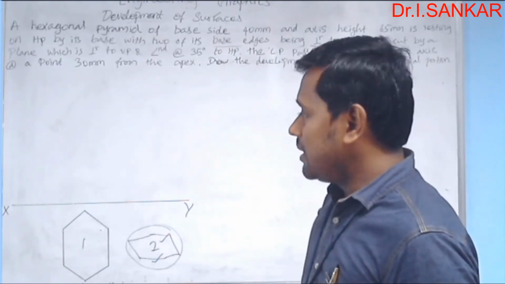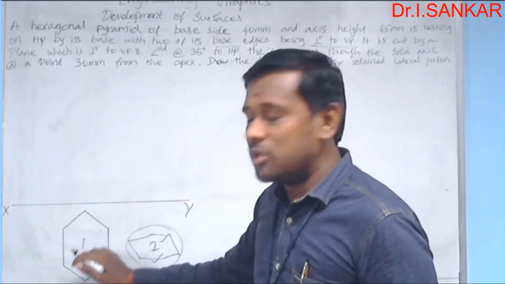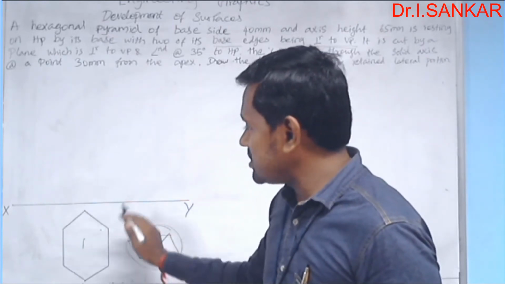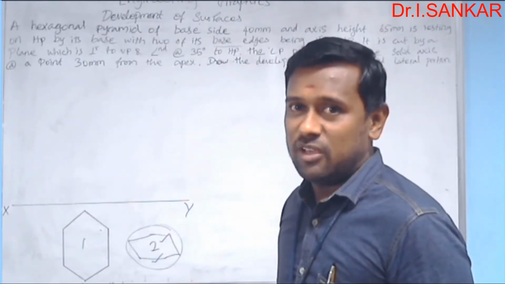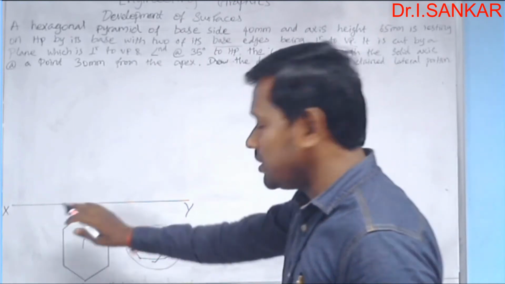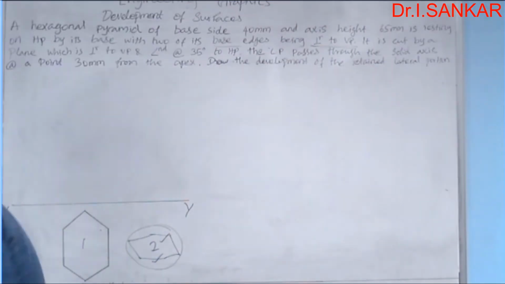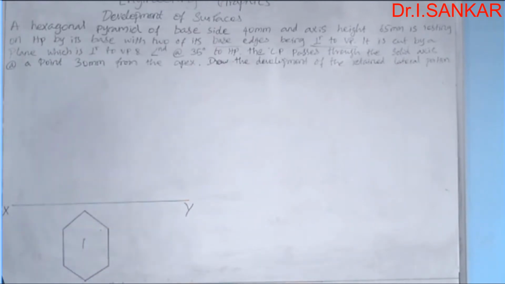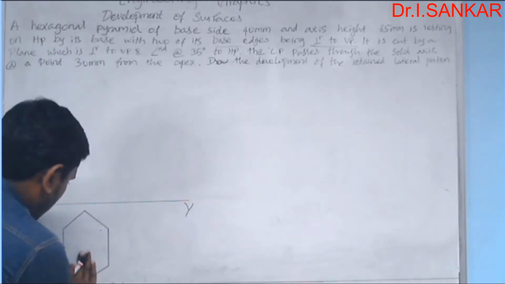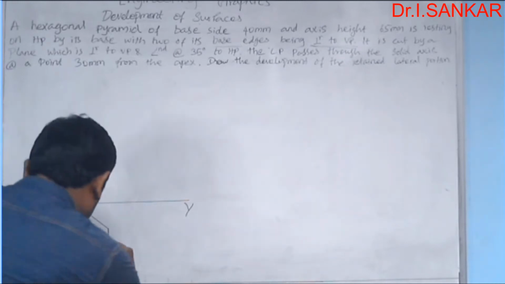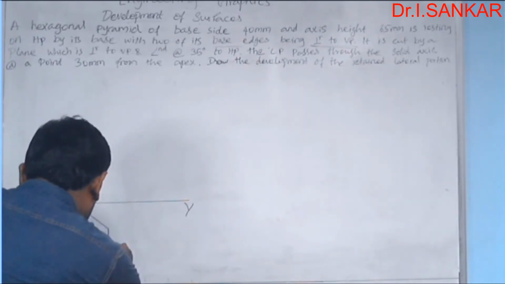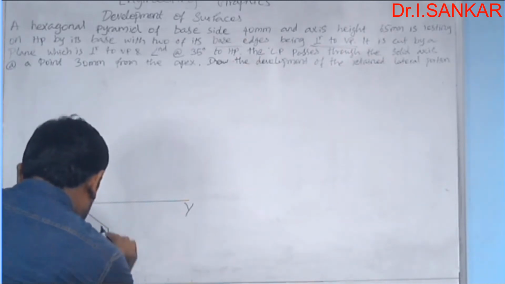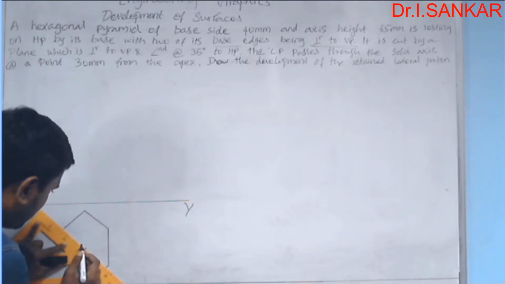So in that way, how should the base be in the top view? Two of the base edges should be perpendicular to the VP. So in this way, you have to draw the base view of the hexagon. Actually, it's a pyramid, so you have to show the slant edges.